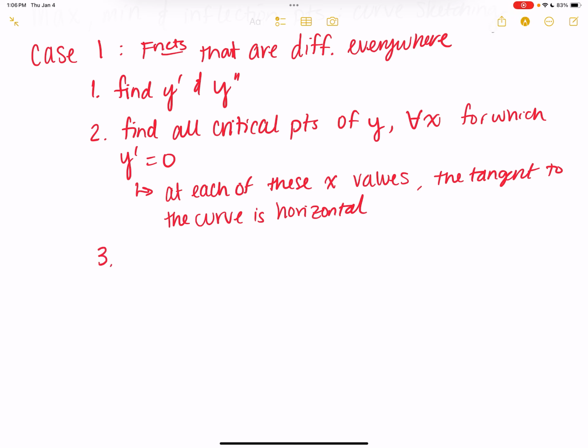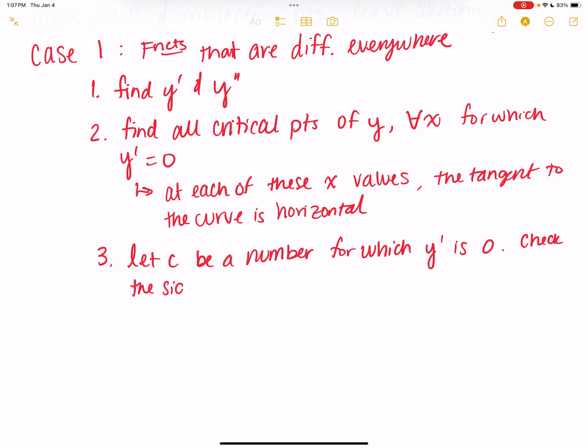So let's see. Let c be a number for which y prime is 0. So basically, it's a critical point. Then we're going to check the sign of y double prime at c.